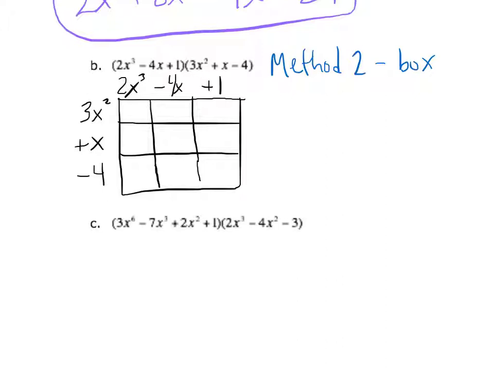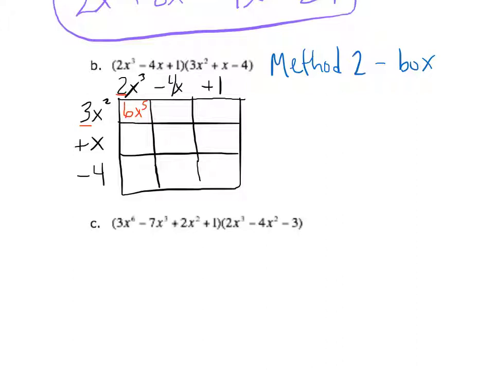And then each of these boxes comes from multiplying the thing up and to the left. So 2x to the third times 3x squared, 2 times 3 gives you 6, and x squared times x to the third is x to the fifth. Remember, when you're multiplying, you're adding those exponents.